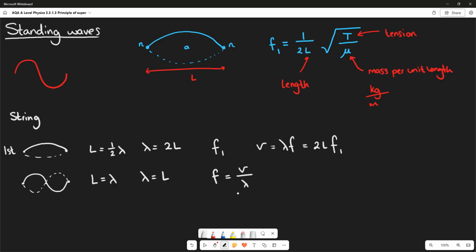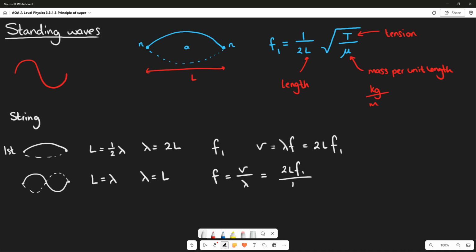So we're just going to confirm whether or not we can call this the second harmonic. We're going to substitute the velocity in, and substitute L in for wavelength, using our frequency for the first harmonic.